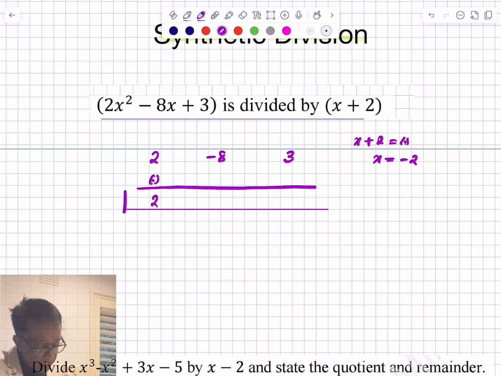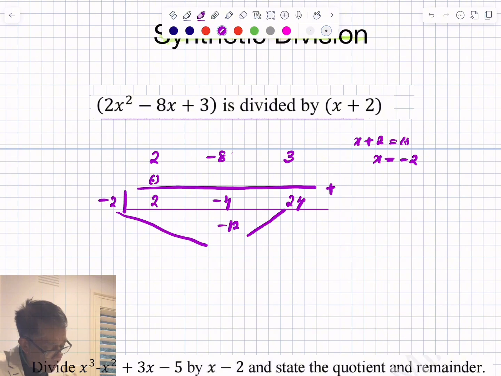Please write -2 here. -2 times 2 is -4. -4 plus -8 is -12. -2 times -12 is 24. You have to multiply these things right here, then you have to add them. What is it? It is 27.